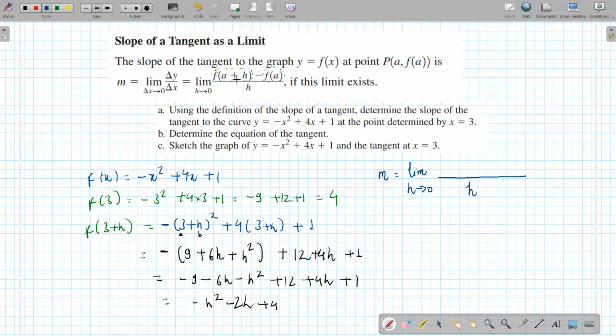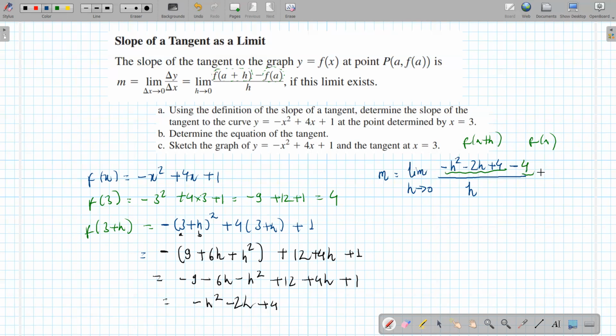On the top, we have f of a plus h, so f of 3 plus h, which is negative h squared minus 2h plus 4, minus f of a. What's our f of a? In other words, what's f of 3? We found it earlier. It's a 4. So that's your f of a, divided by h.